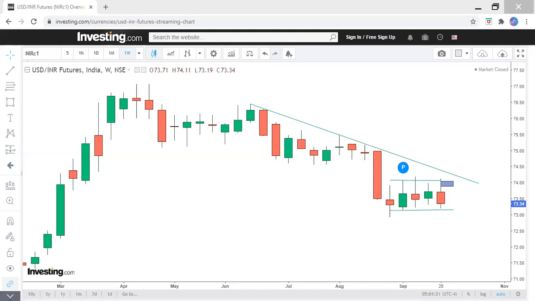Based on this conclusion, I would like to suggest 74.5 call writing. That looks safe because if USD INR moves to the higher side and breaks the 74 levels, we should have good time to adjust our 74.5 calls.